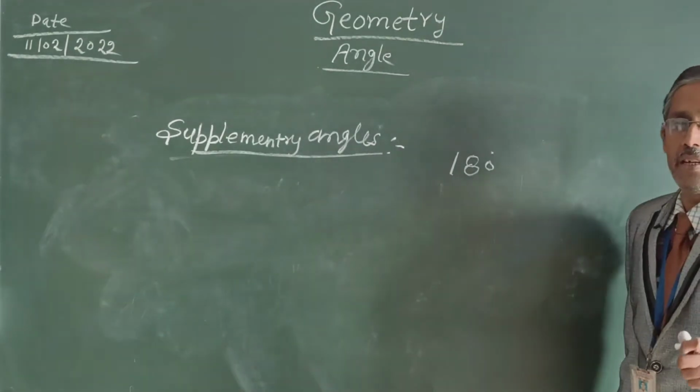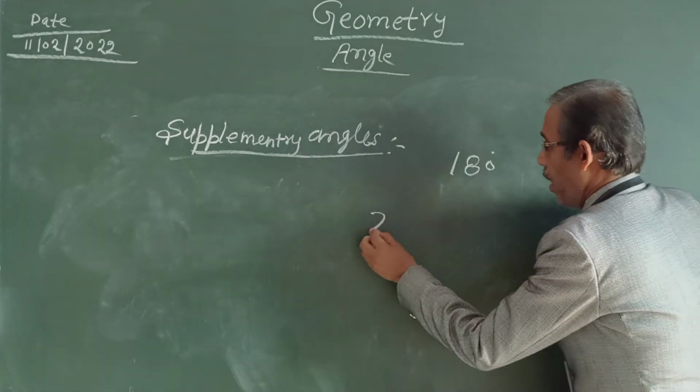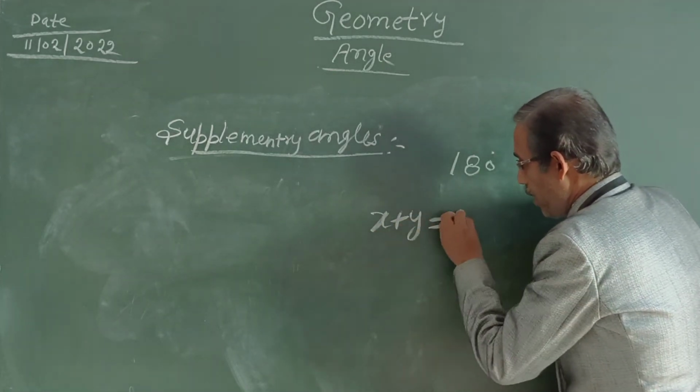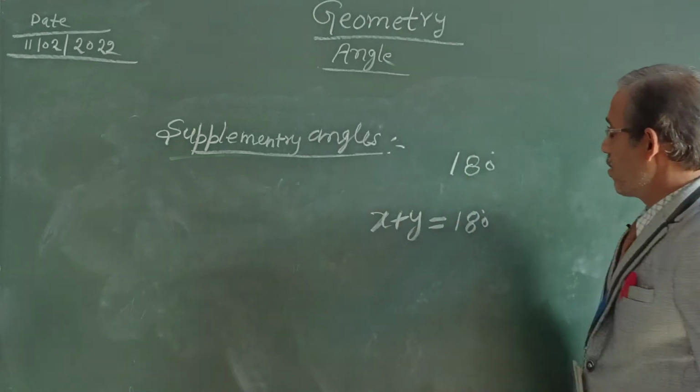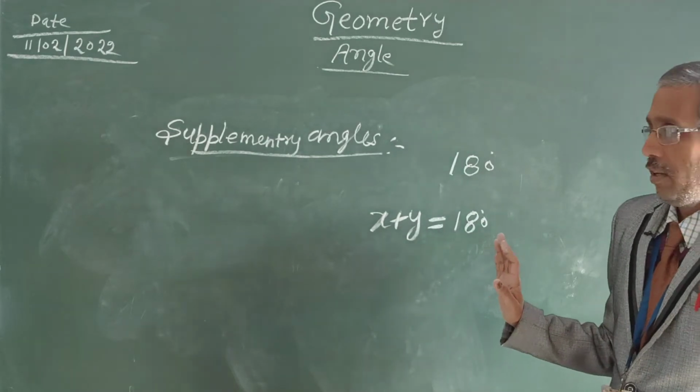If x and y are two angles and sum of x and y is 180 degree, then we can say that x and y are pair of supplementary angles.